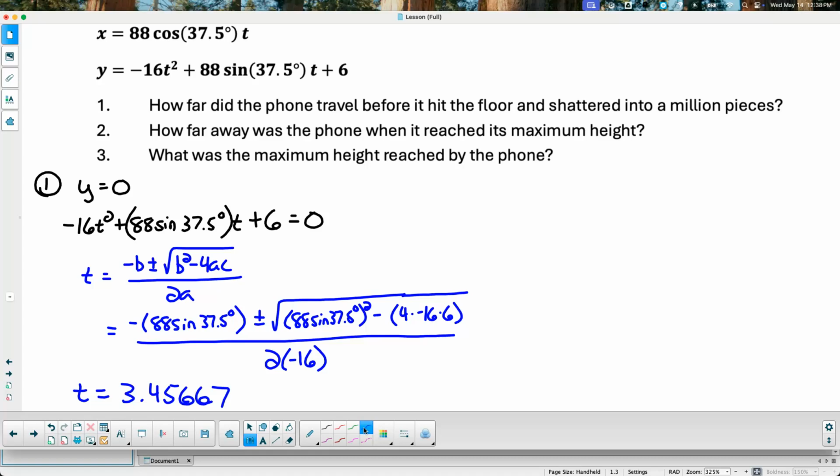Now to figure out where that phone landed, I've got to put that t value in my x equation: 88 cosine of 37.5 degrees times t. So I'm going to replace t with 3.45667.